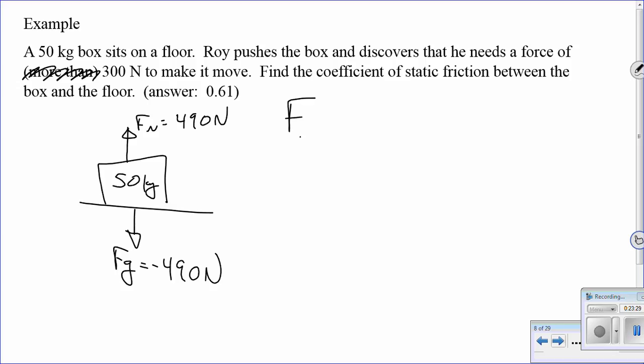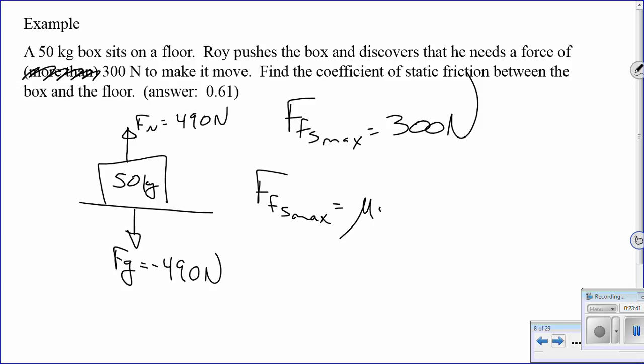And we're trying to find the coefficient of static friction, right? So that means this is that over that, right? Our maximum over our normal force.